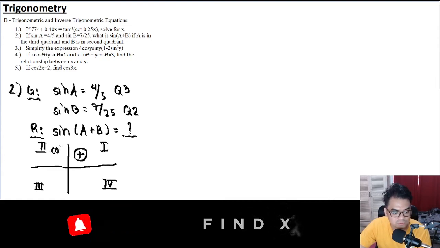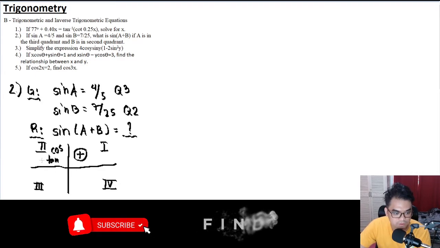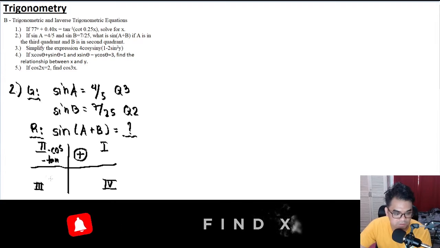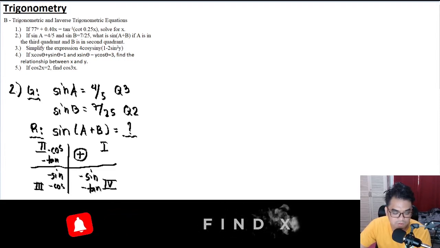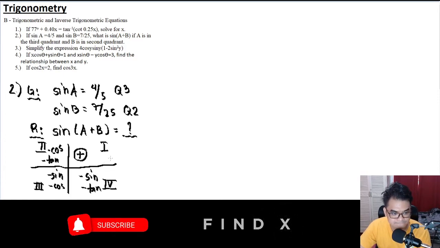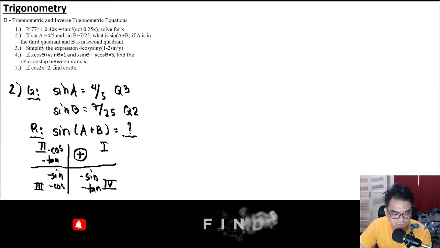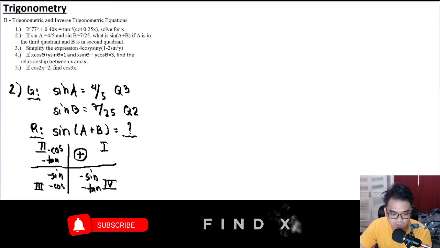In quadrant 1, all of the trigonometric functions are positive. In quadrant 2, cosine and tangent are negative. In quadrant 3, sine and cosine are negative, and in quadrant 4, sine and tangent are negative. So we'll be able to use that later on.